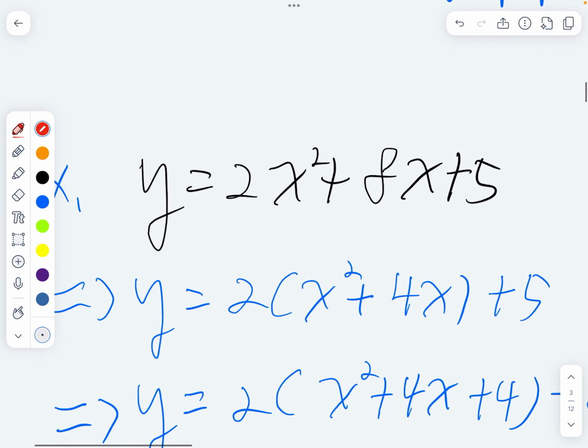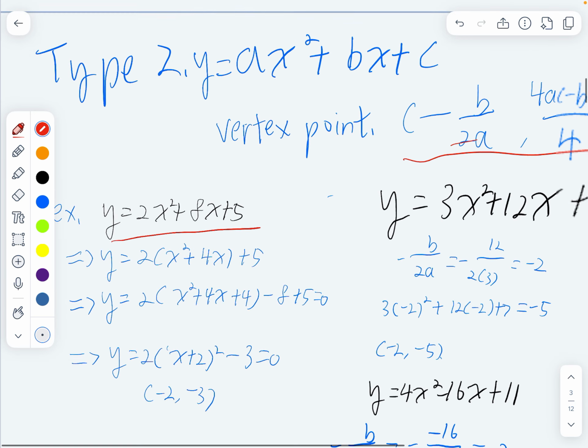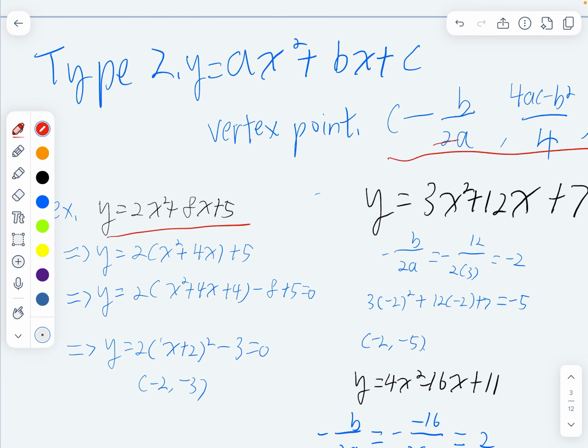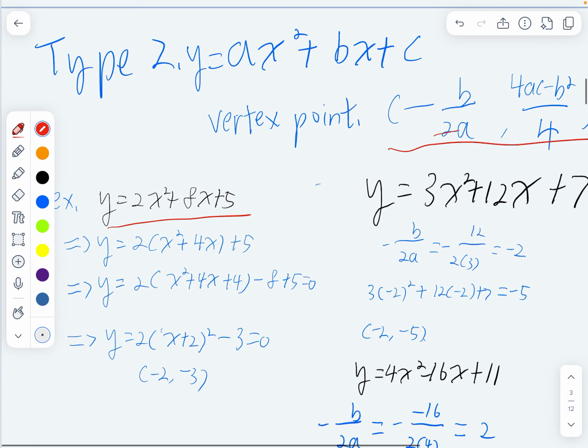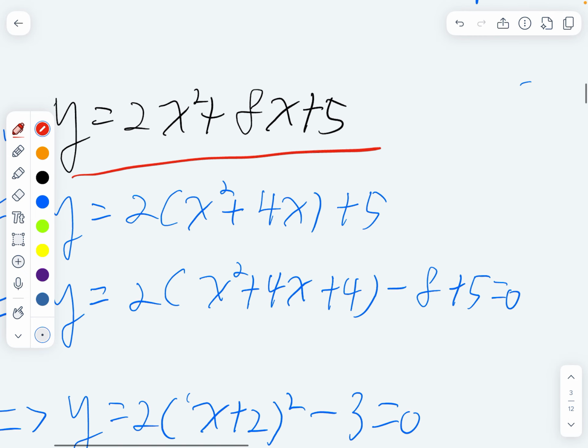There's a relation: 2x squared plus 8x plus 5. Now, first we use the traditional method. We group the terms and factor out 2 as the common factor.